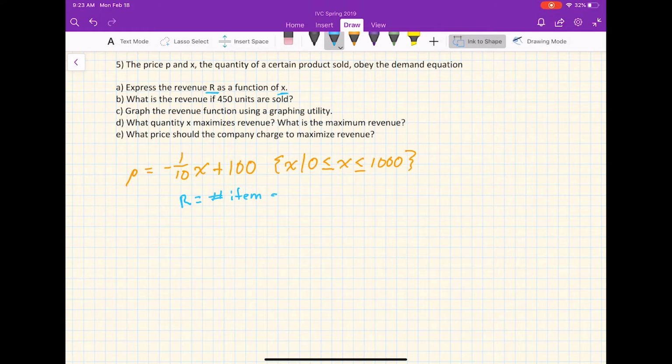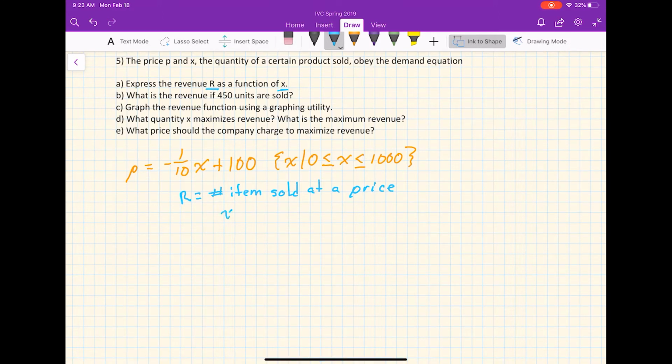This is what confused me for a bit, but the revenue is the number of items sold times the price. It doesn't expressly say that in the directions, so it's kind of hard to tell. So really, x is equal to the number of items, right? Even in the original equation, it's the quantity of a certain product sold.